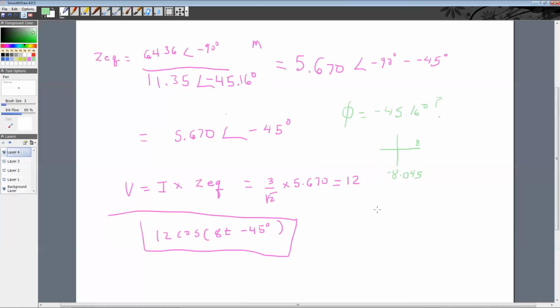Right. So I should have been able to do A tan minus 8.045 divided by 8. That should have given me that answer. Now, I think if you used all the digits of precision, you would have gotten 12.